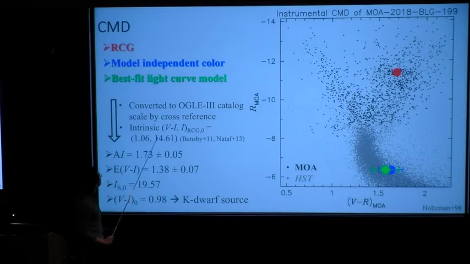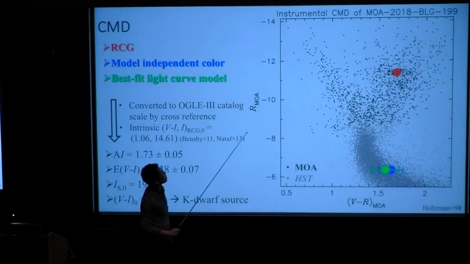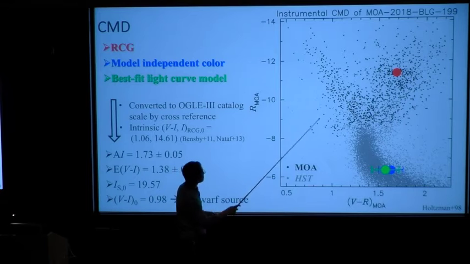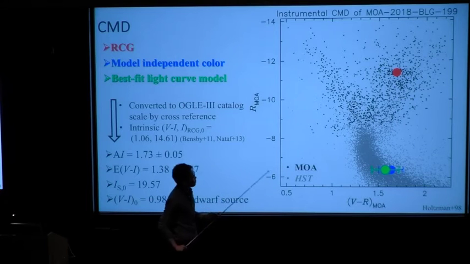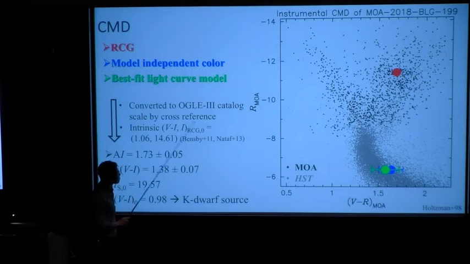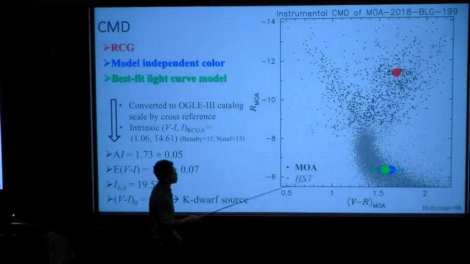So here is a color magnitude diagram, but the magnitude scale is instrumental, because I'm using the MOA red and V band, and the red clump giant is here, and we estimated the source color with two different methods. One is a light curve model independent color. It's indicated in blue.